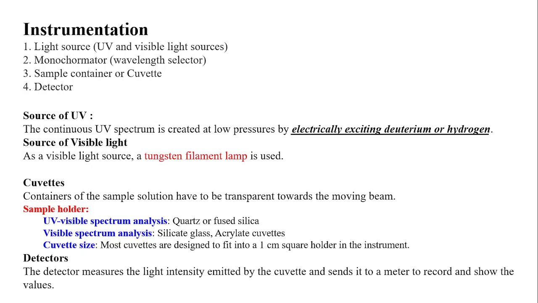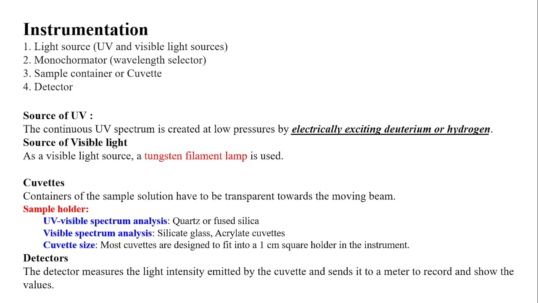Cuvettes are small containers that we use to keep our sample in. For UV visible spectrum analysis, quartz or fused silica cuvettes are used.